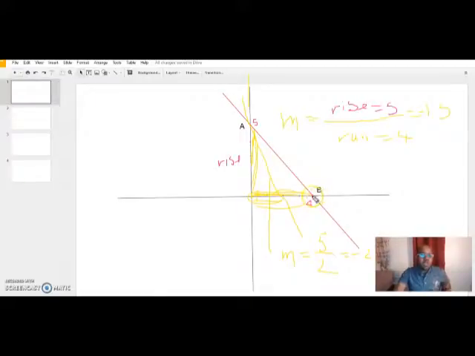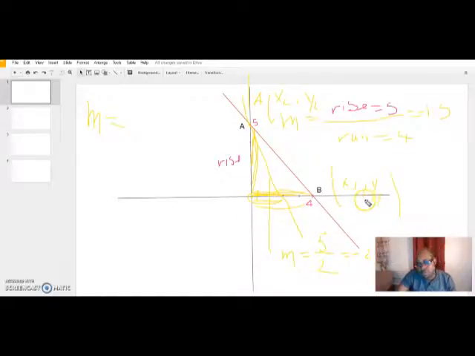But the real formula to find this out is generally M equals... Let's represent A by X2, Y2, and B by X1, Y1.